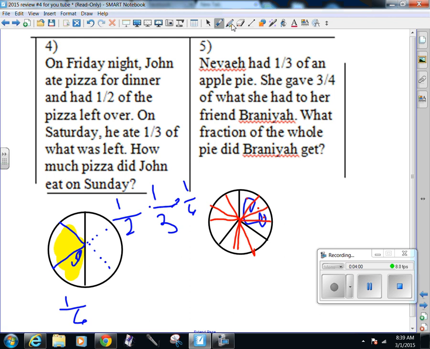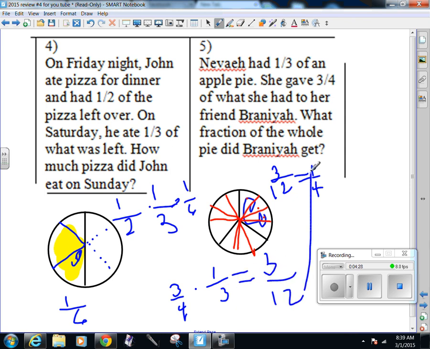And so in terms of the whole pie, I've got 1, 2, 3, 4, 5, 6, 7, 8, 9, 10, 11, 12 sections. She's getting 3/12. So 3/12, that's 1/4 of the original pie. So she's getting 3/4 of 1/3, which is 3/12 or 1/4.